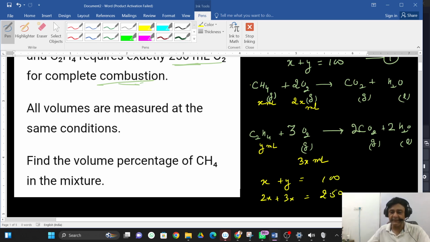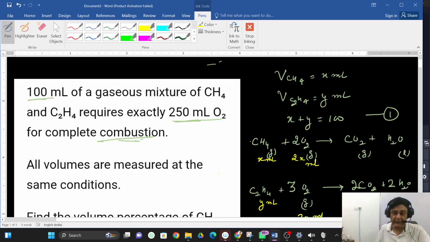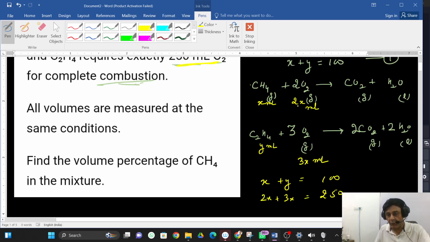How am I writing this? See the equation: the gaseous mixture required 250 milliliter for complete combustion. It means 2X required by the methane and 3Y required by the ethene, and the total volume is equal to 250. So I get equation number 1 and equation number 2.